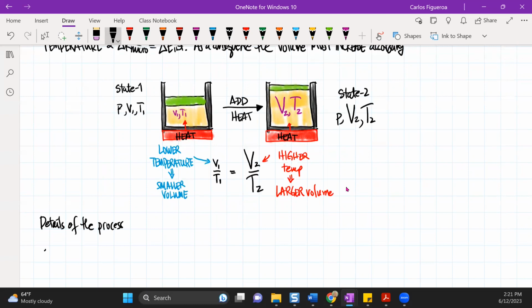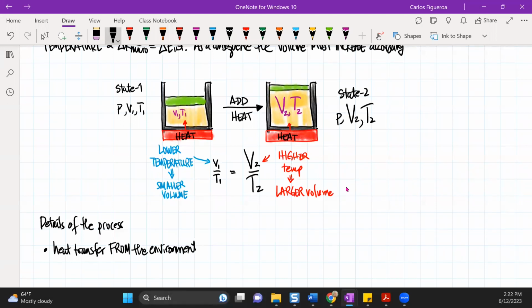So the first thing that you have to do here is heat transfer from the environment.